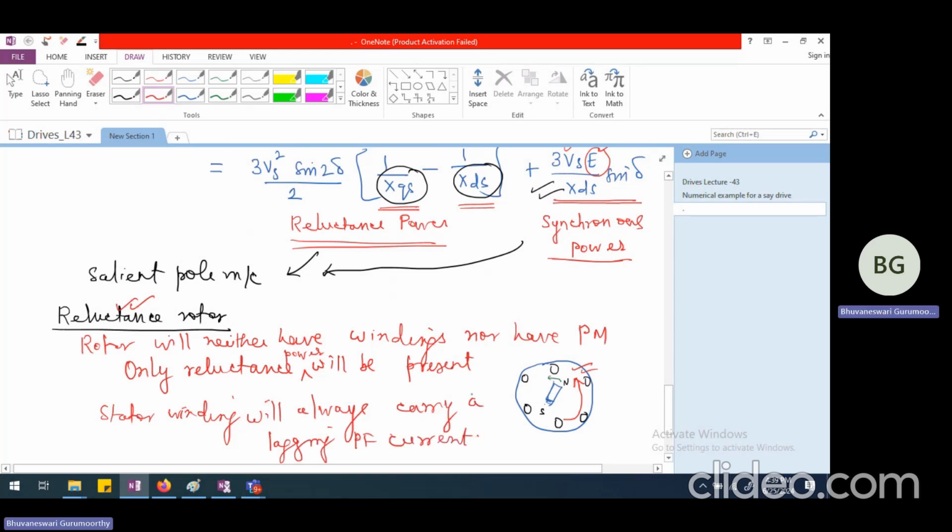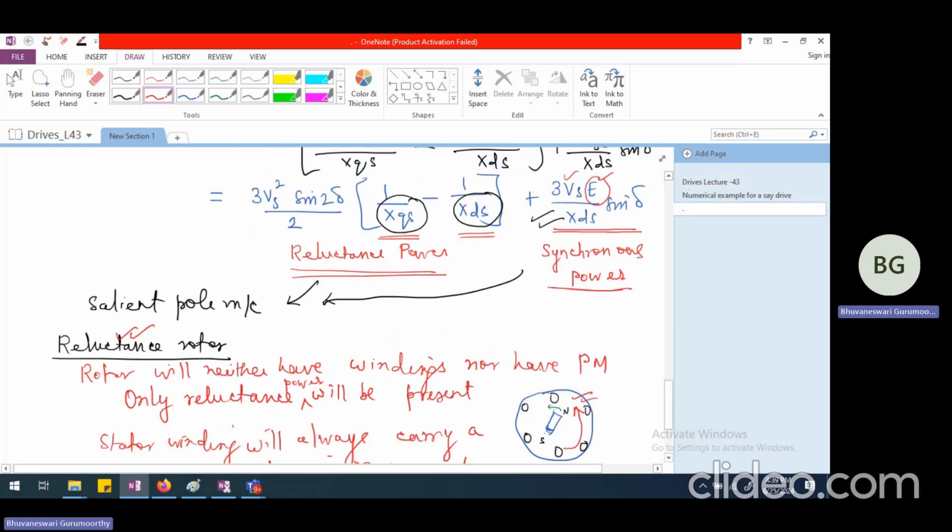The machine can never have leading power factor. It will always carry a lagging power factor current. So in this reluctance machine, only this portion of the torque, the reluctance power or reluctance torque, will be present. This portion will be absent. We will not have synchronous power at all.